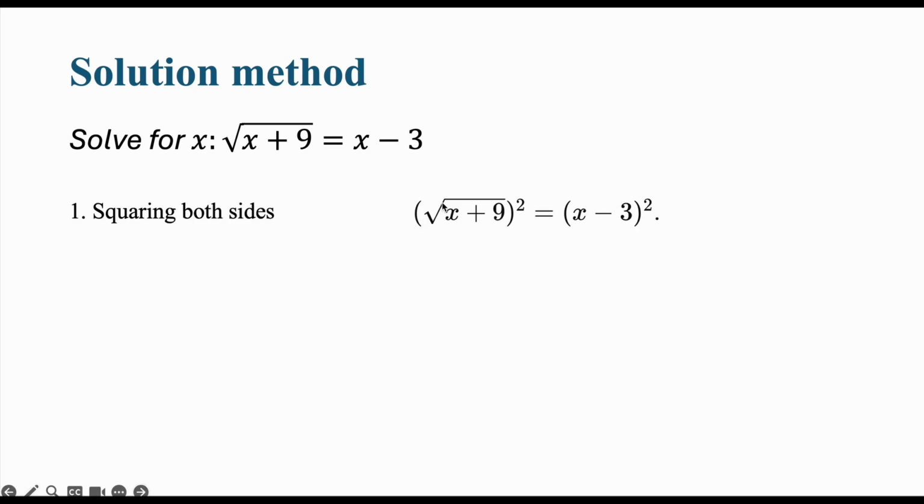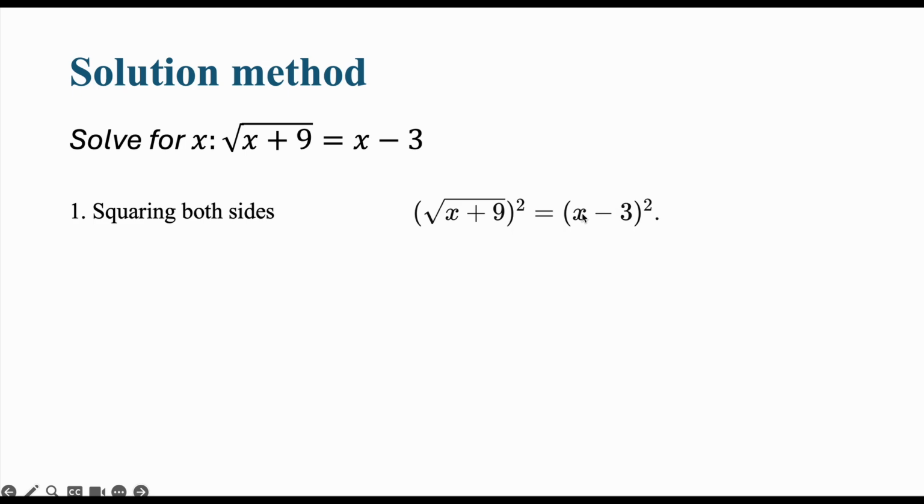So let's do this. If we square it, on the left hand side, the root and the square will just cancel out. So we will have x plus 9 on the left hand side. On the right hand side, you should see directly that you can use a binomial formula to solve this, which is a squared minus 2ab plus b squared.